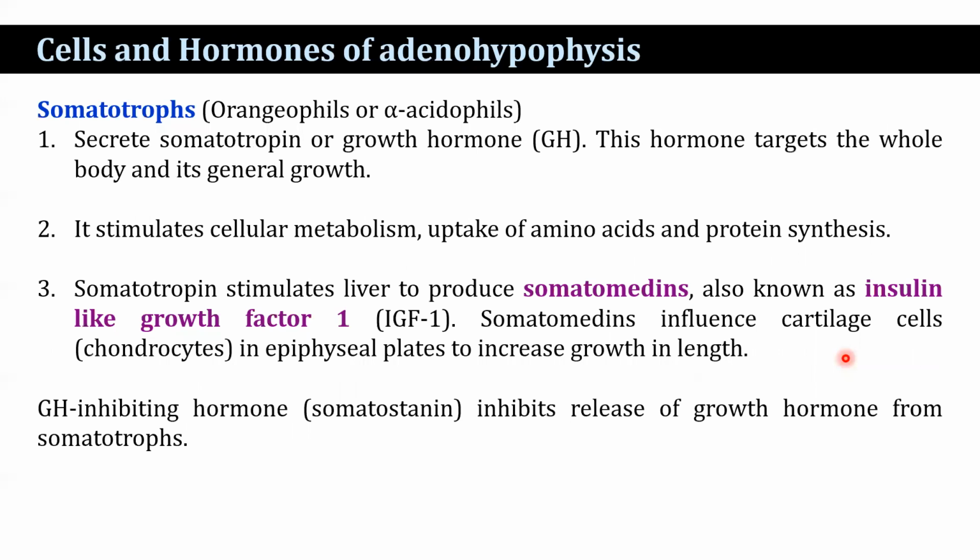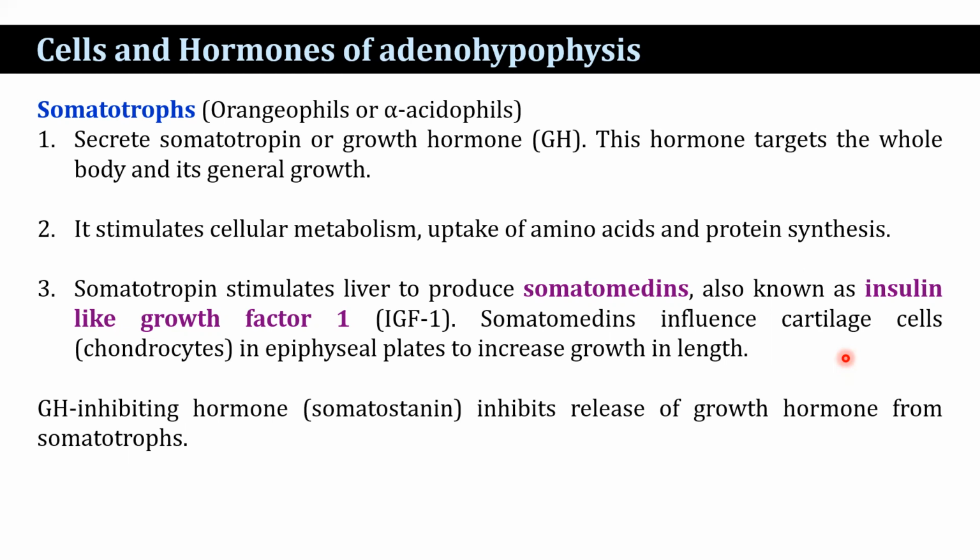Now, what are the cells and hormones of the pituitary? The first one, the somatotrophs, are also known as orangiophils or alpha acidophils. They secrete somatotropin, or growth hormone. This hormone targets the whole body and its general growth. It stimulates cellular metabolism, uptake of amino acids, and protein synthesis.